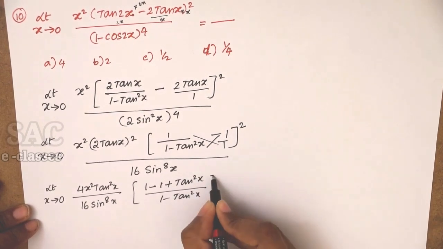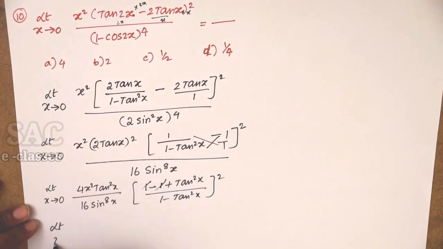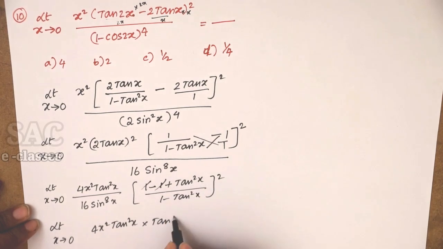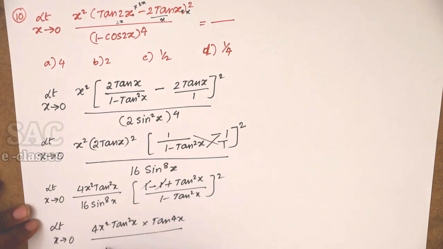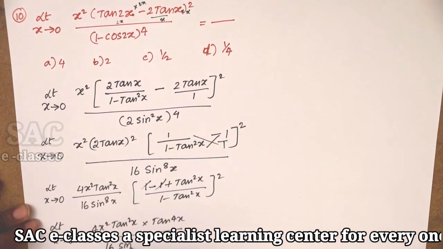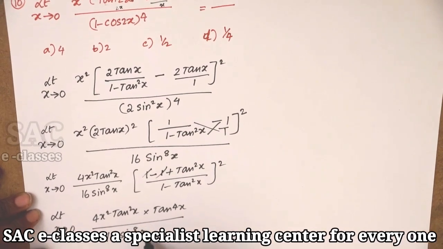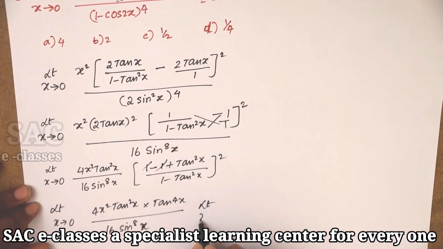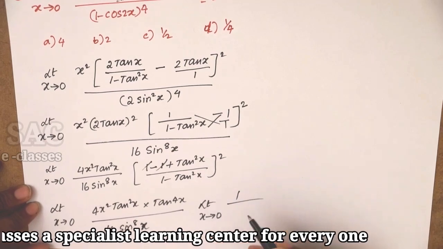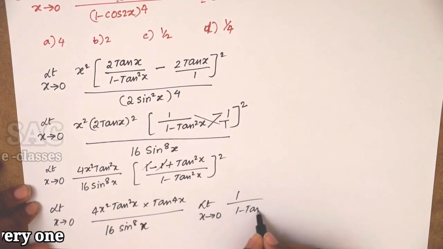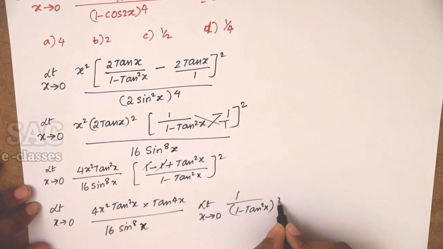So limit x tends to 0, 4x square tan square x into tan power 4 x by 16 into sin power 8 x, and limit x tends to 0, 1 by (1 minus tan square x) whole square.